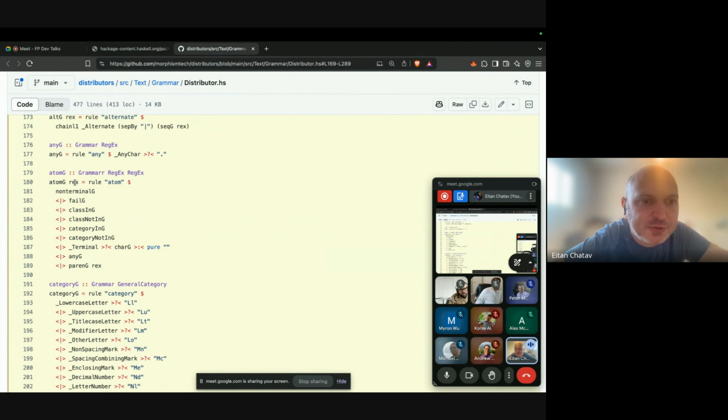And given that regex, it's either a non-terminal or fail or class in or class not in or category in or category not in, or a single character. And here we say it's a terminal applied to a single character, and then we cons it onto the empty string. Or it's the any wildcard character. Or finally, here's where our recursiveness comes in, because we're applying parentheses to our regular expression grammar.